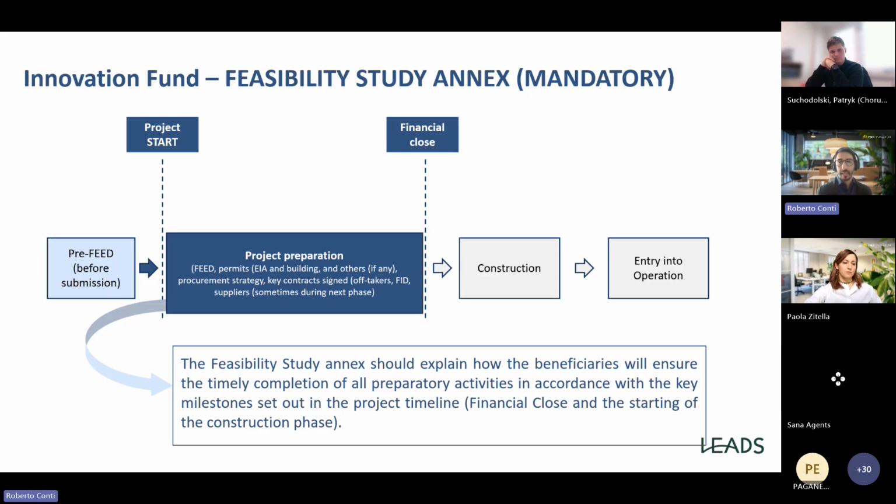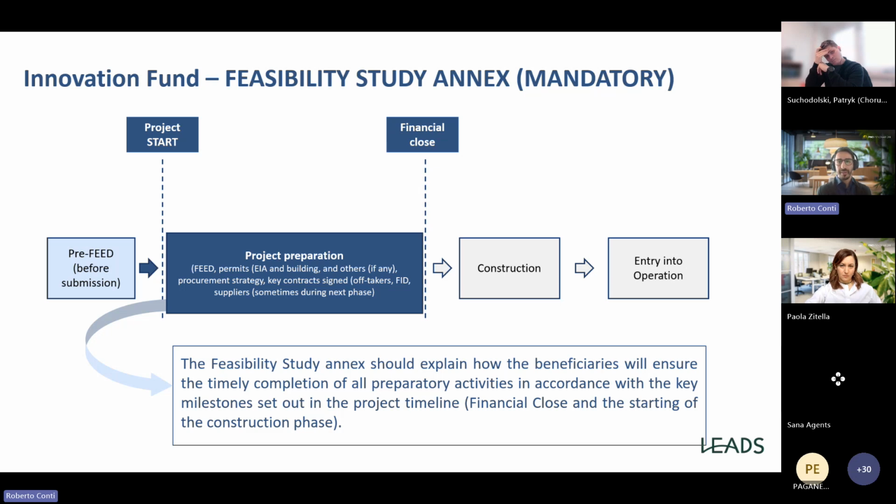This is a typical timeline for the Innovation Fund, and I want to explain how the timeline is connected with the feasibility study. You can see on the left that the pre-FEED, so the feasibility study, the pre-front-end engineering design, should be considered a condition sine qua non before the submission. That means you should already have some preliminary studies.